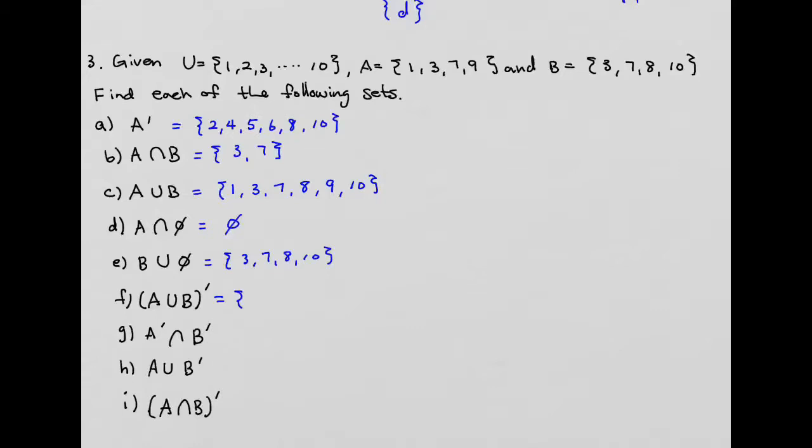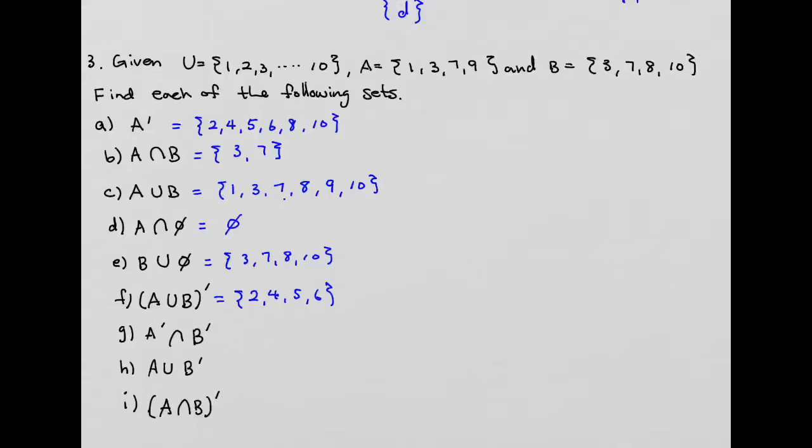Exclude 1, but 2 should be there. 3 excluded, 4, 5, and 6, and 7, 8, 9, 10 will be excluded. So that's going to be A union B not.